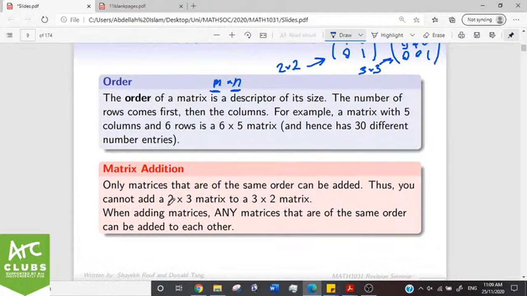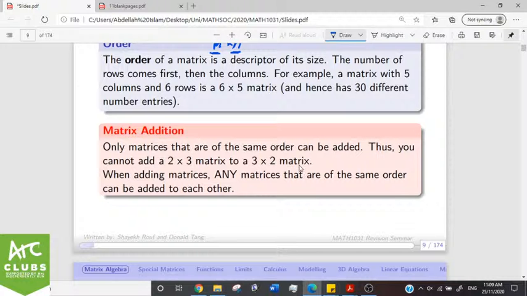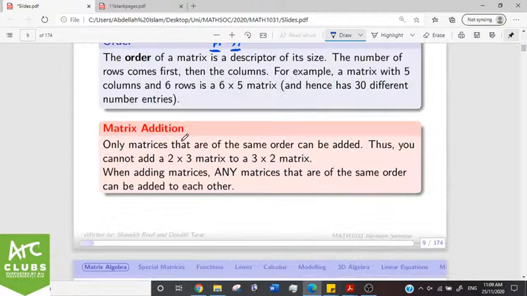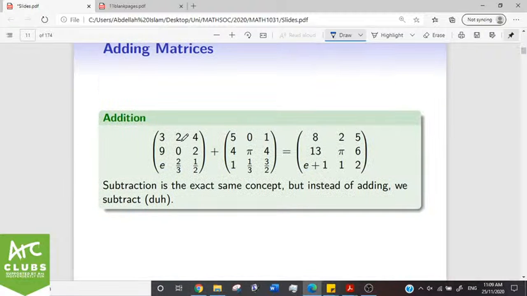We can add matrices together. This is done term-wise. There's an example for adding matrices here. If we have this matrix plus this matrix, the size of the new matrix will be exactly the same. For the 1/1 position, we take the 1/1 position in matrix A and matrix B, add them together, and we get the final 1/1 position.